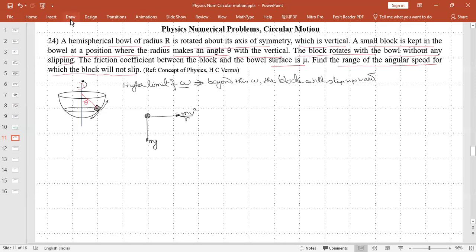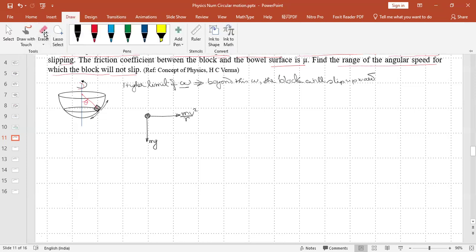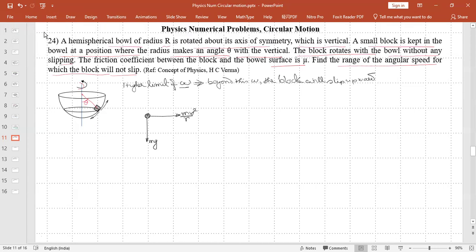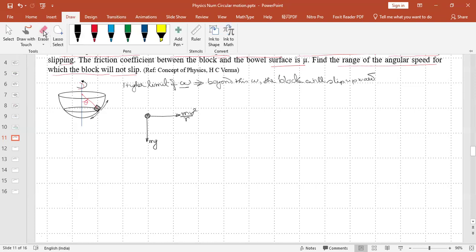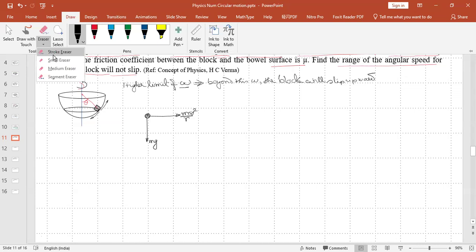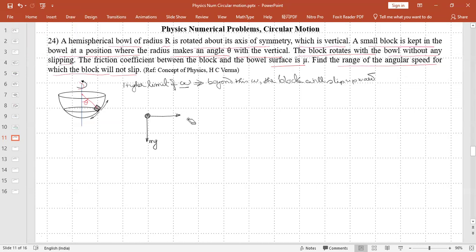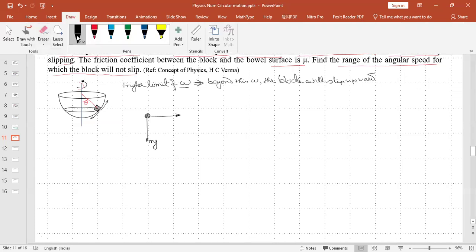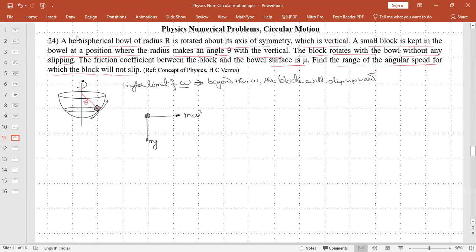Since we have to find the angular velocity, we write it in the form of omega, that is m omega square r. Here r is this radius. Mind it, r is not the radius of the bowl. r is the radius of rotation.